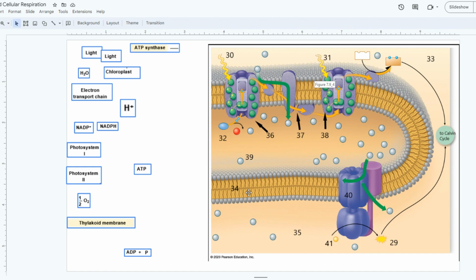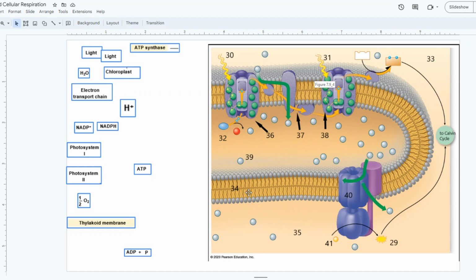And one of the things that's important to look at for both chloroplasts and mitochondria is that both have their own ways of increasing the surface area of the membrane that they have, because the function that they have is dependent upon how much membrane area they have, because all the things are happening in the membrane. And so if you have more membrane, you can stick more stuff in that membrane.